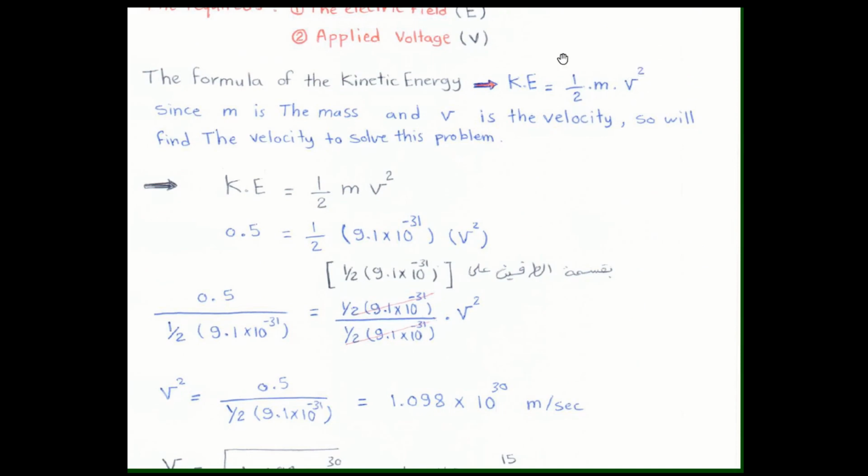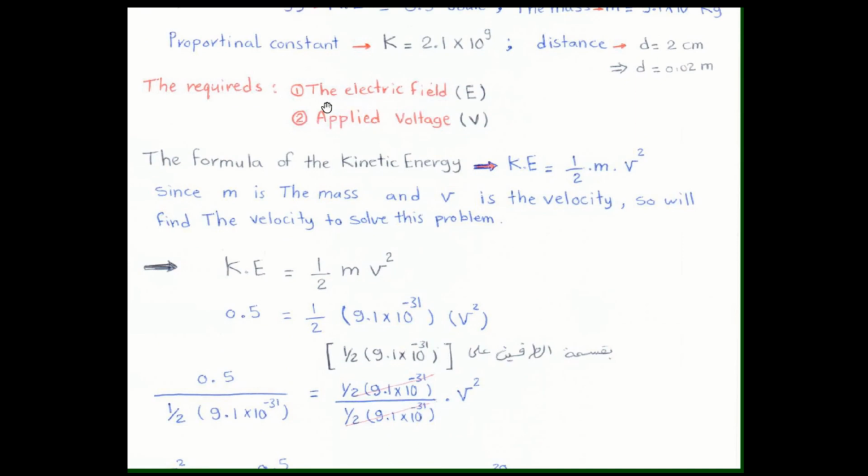Because in the first requirement, the electric field formula, we have to find the velocity to find the electrical field that we call E. So we have to find the velocity to solve this problem, by using this formula: Ke equals half m into velocity square.